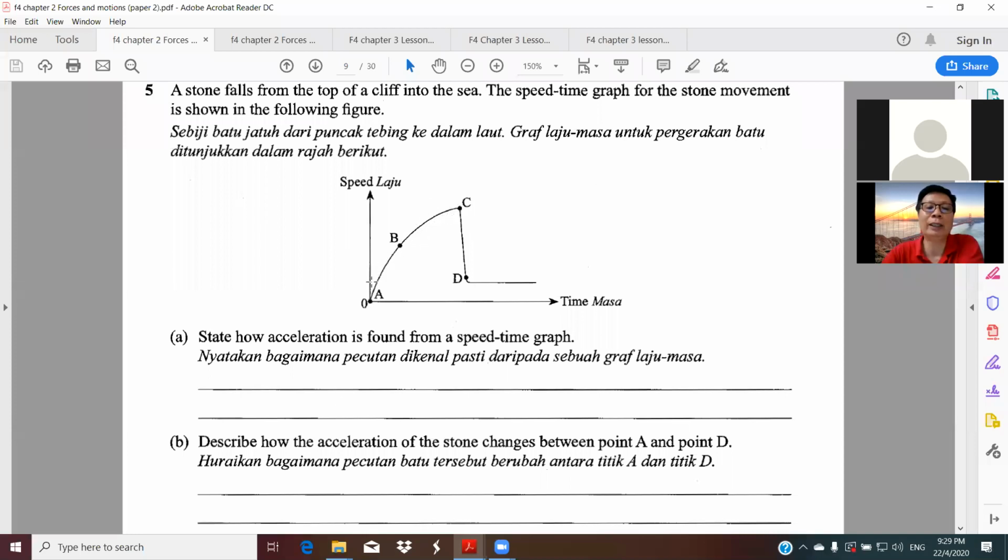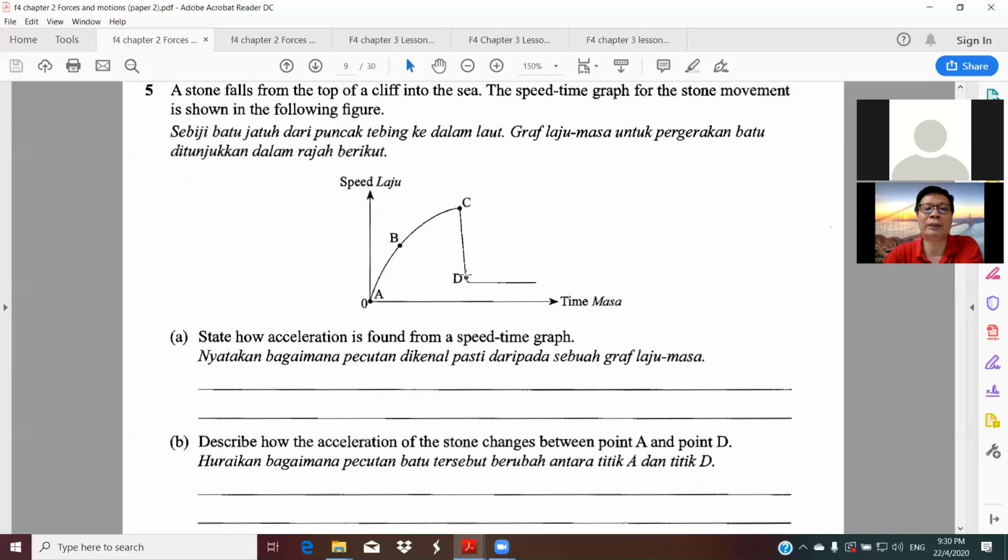But one thing, you see the gradient here is big, the gradient here becomes less. Gradient is acceleration. When the gradient is less, it means the acceleration is less. So from here to here we say acceleration is decreasing, because the gradient is decreasing.